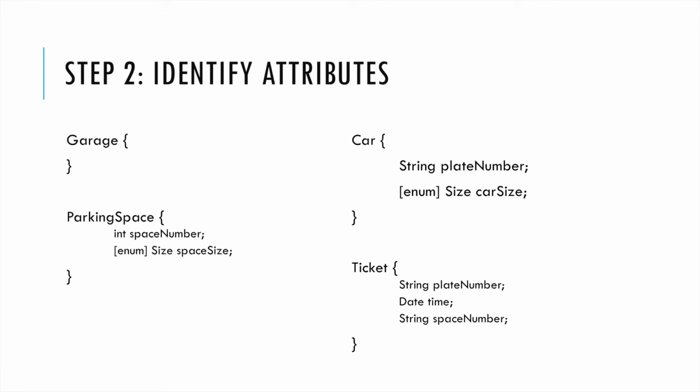For car, it should have a plate number to identify each car, and also a car size. For the ticket, we need to print out the plate number and maybe enter time and also space number. Those are static attributes for those objects.